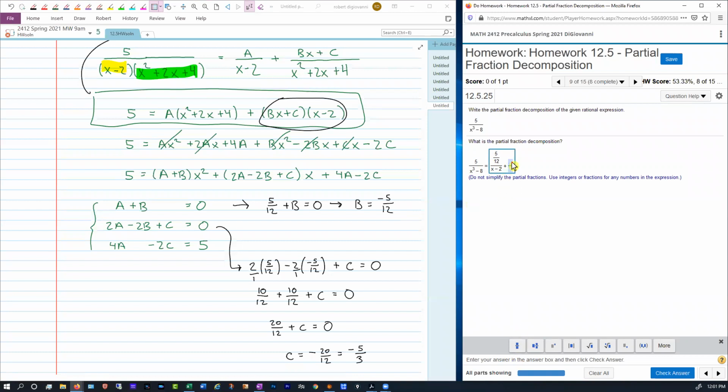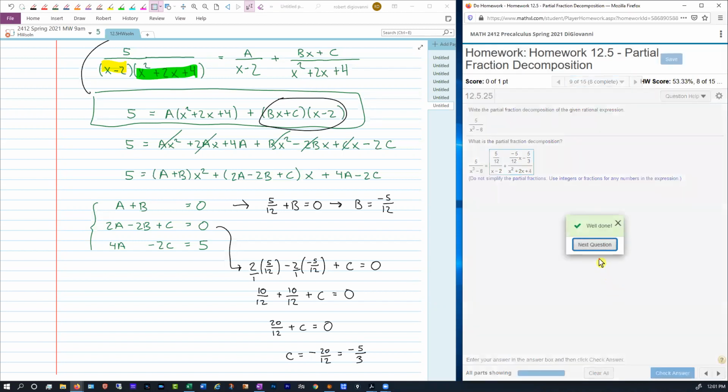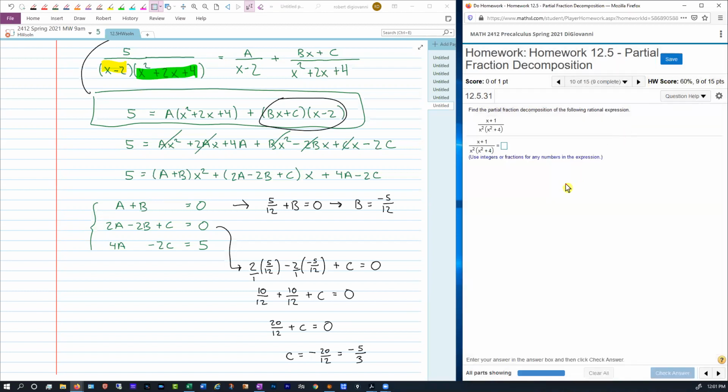On the top, we have b, which is negative 5 over 12x, plus c. C is minus 5/3, all over the irreducible quadratic, x squared plus 2x plus 4. All right. Okay. Cranking them out.